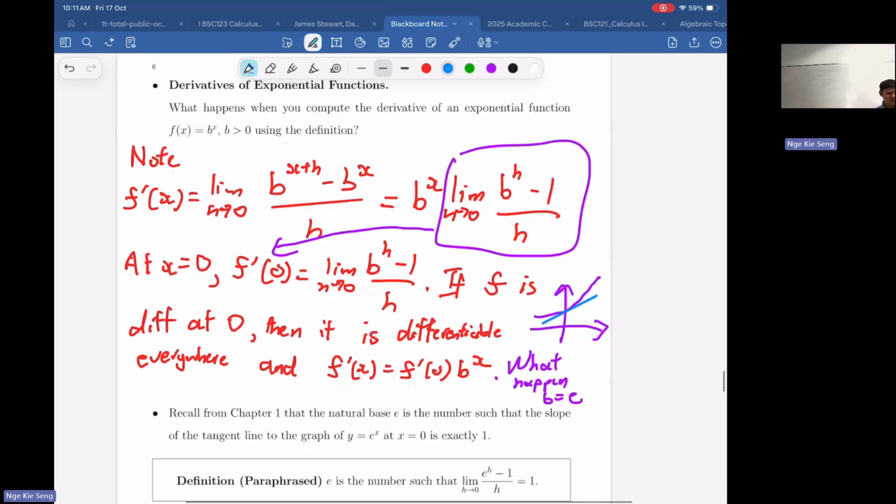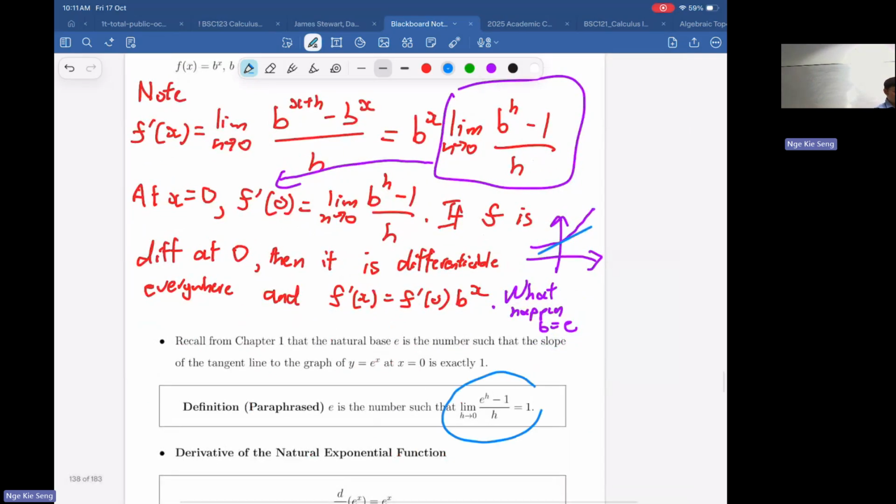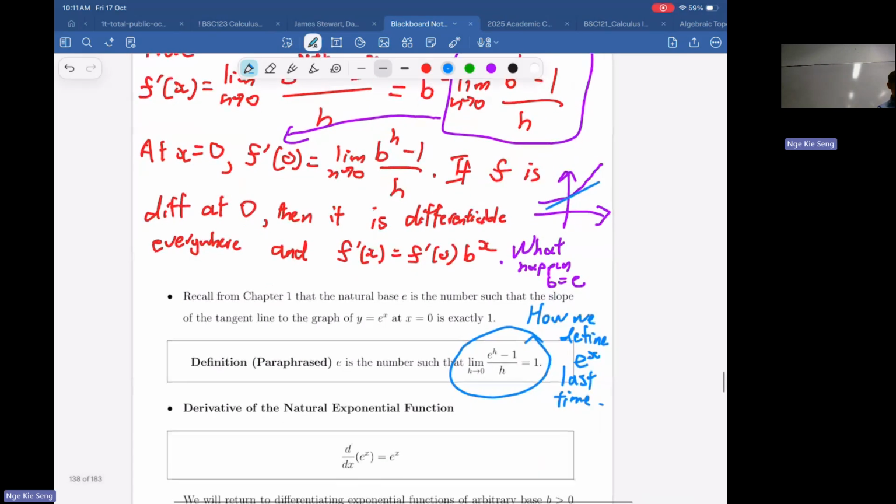So this limit here actually is 1. This is how we defined e to the x last time. But for other values of b, we are not quite sure yet what it is.